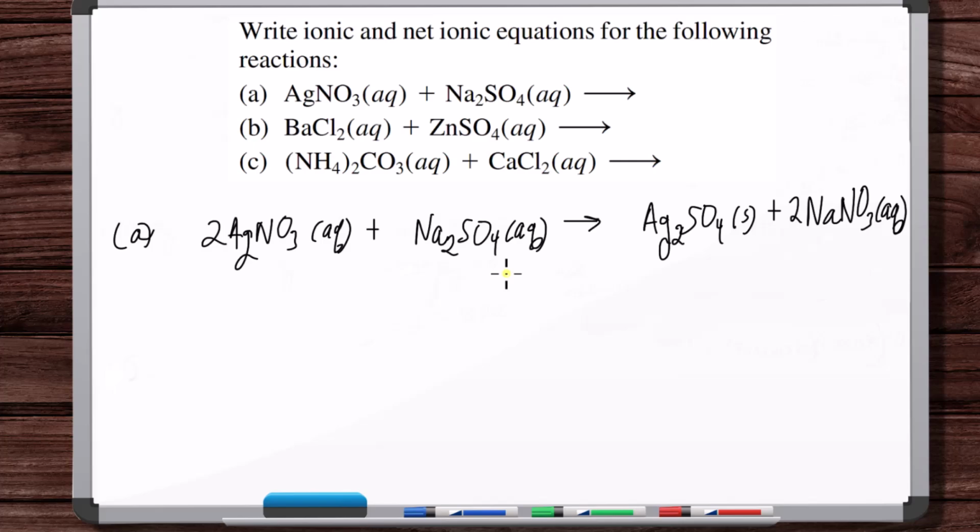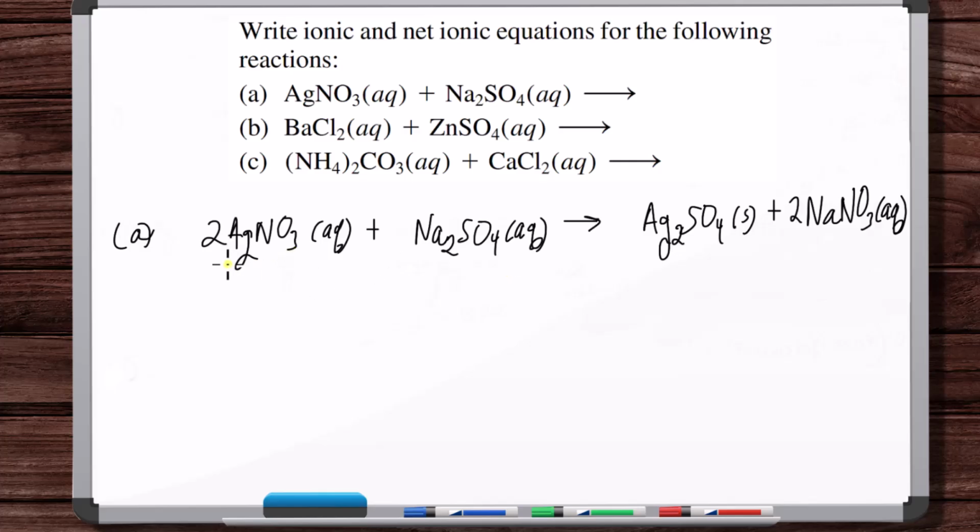However, with precipitation reactions, since we're only dealing with ionic compounds, all ionic compounds are strong electrolytes if they're soluble. So with precipitation reactions, for the ionic equation, if it's aqueous, break it up into ions. If it's not aqueous, then don't.